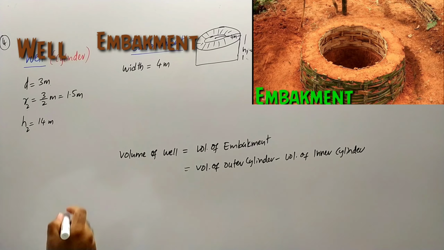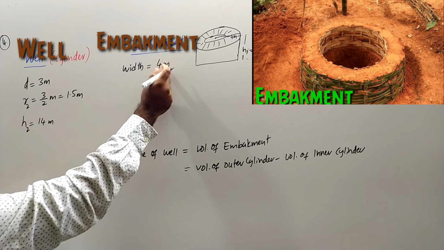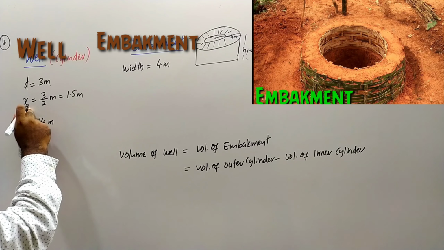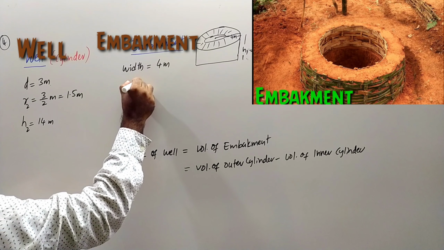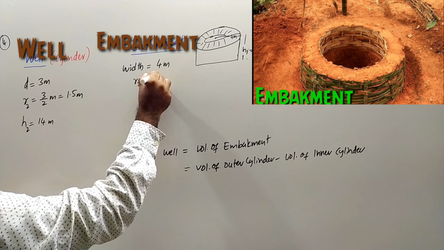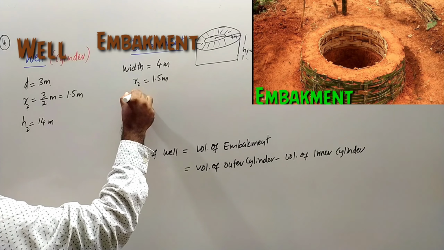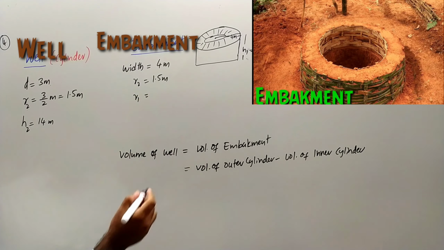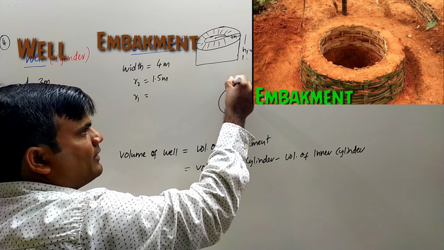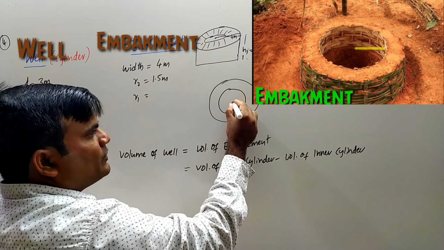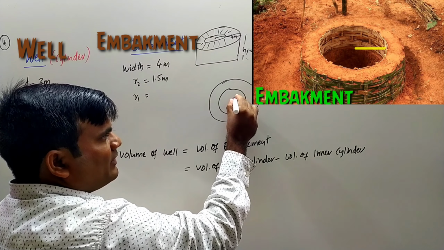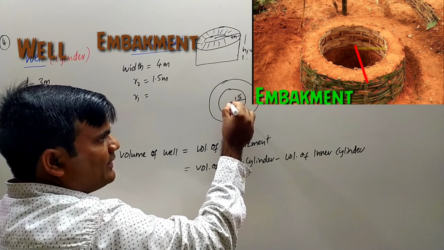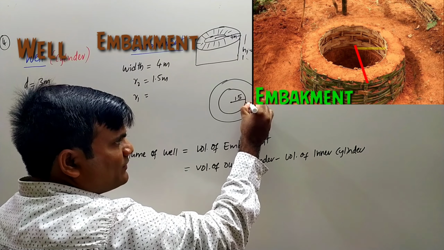So here the dimensions, width of the embankment is 4. Here I am taking the radius as R2. R2 is equal to 1.5 meters. Next, R1, it is a circular ring shape. Inside this one the radius is 1.5. Next to this, the width of the embankment is 4.